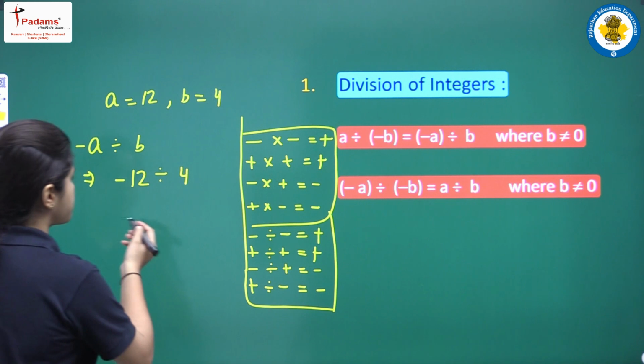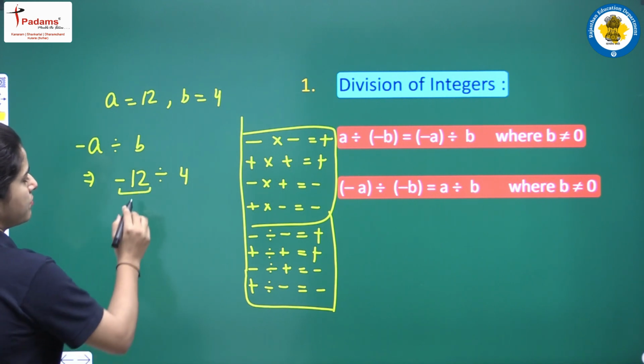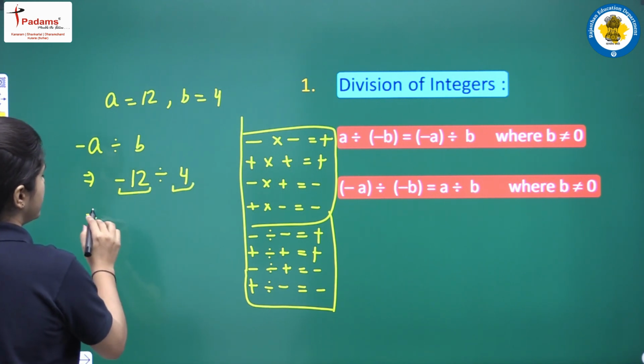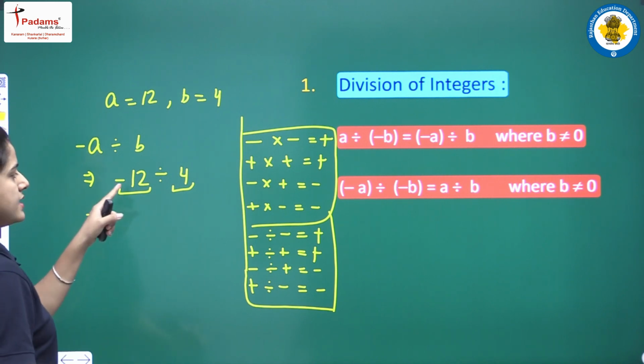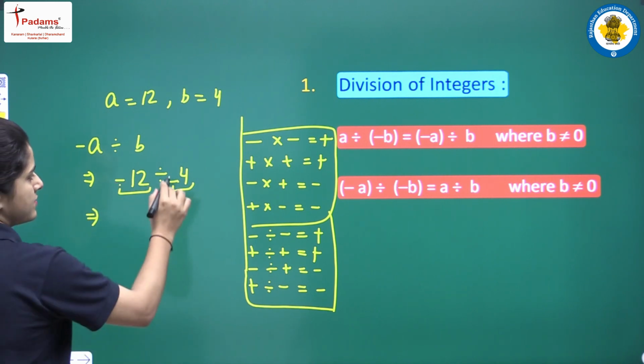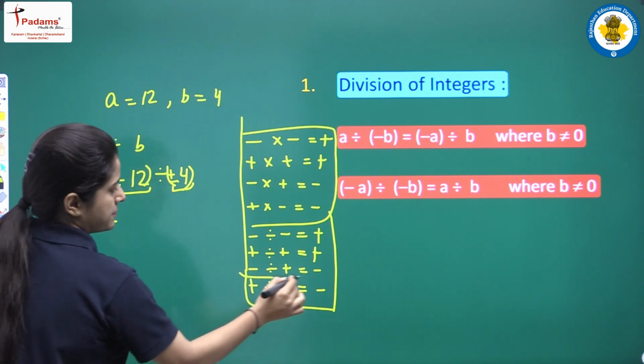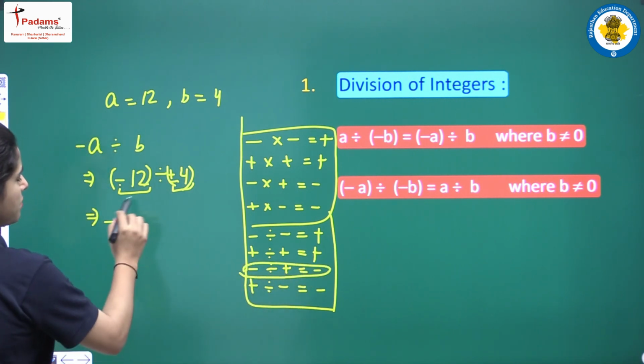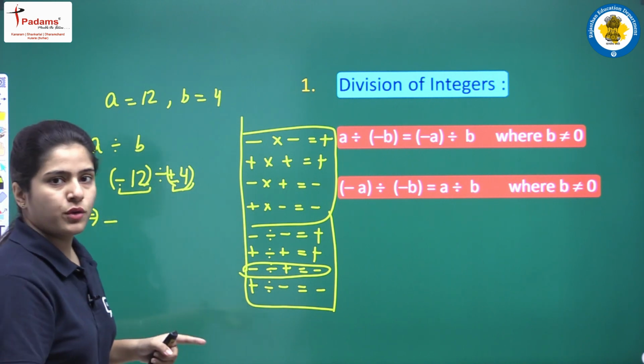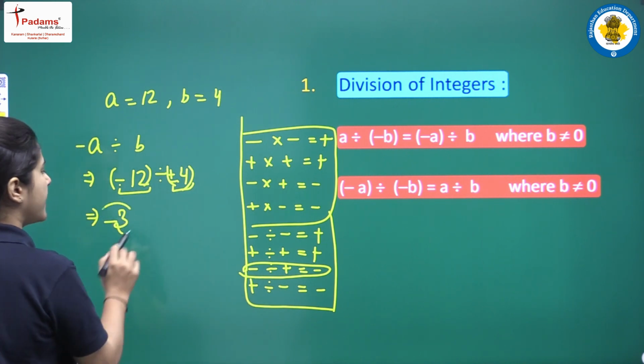So in this, minus 12 divided by 4. Firstly, what are the signs here? Minus divided by plus is equal to minus. So minus 12 divided by 4 is equal to 3, so the answer is minus 3.